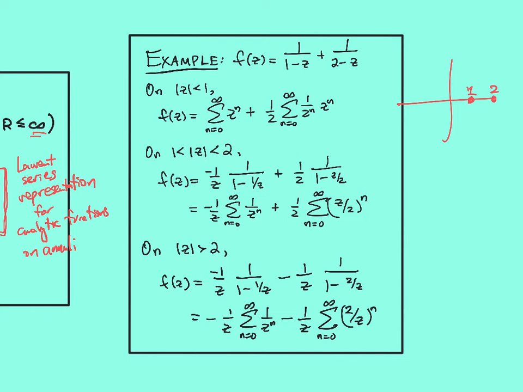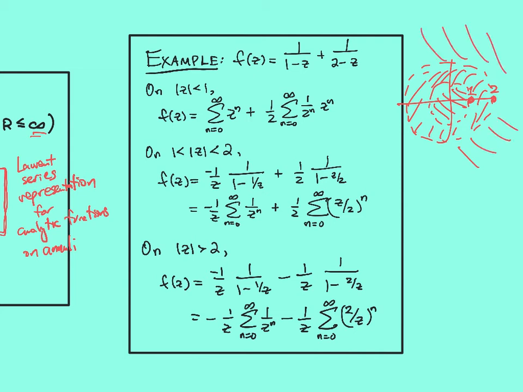And it turns out we can get one Laurent series representation on the disk of radius 1, and we can get a different Laurent series representation on this annulus here, where the modulus is between 1 and 2, and then we get yet another one for all points where the modulus is bigger than 2. So let's just go through these.